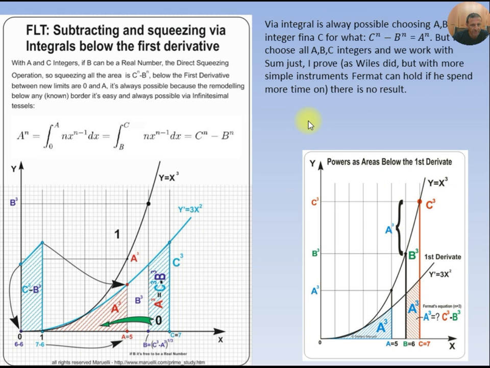All will be very simple once we put it on the Cartesian plane, and we remember that this area is c cube, with c left free to be a real.